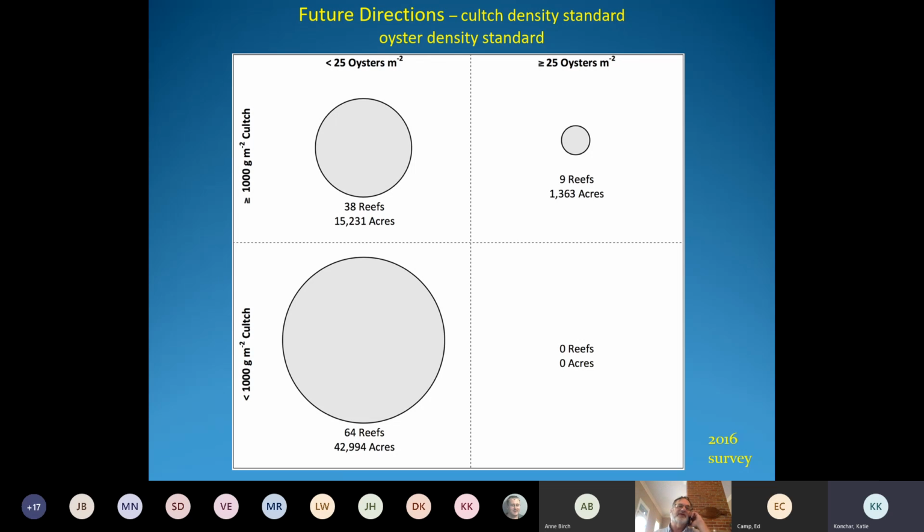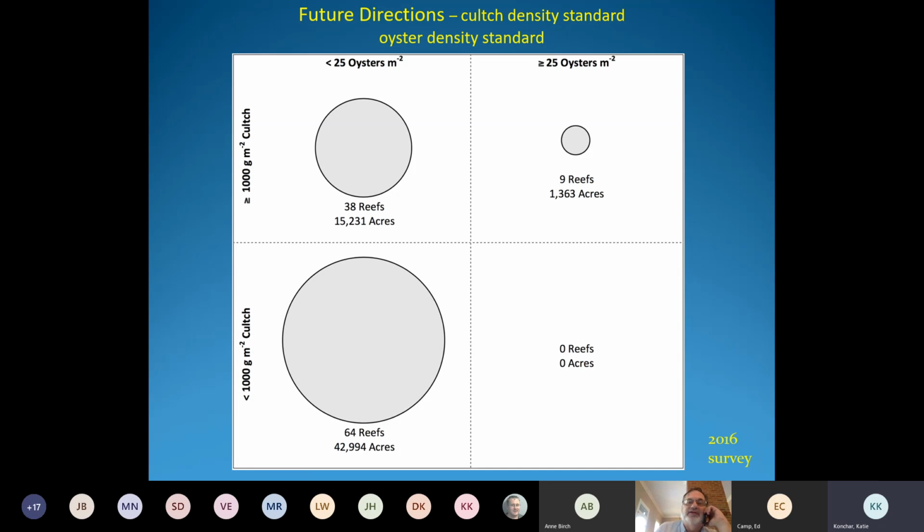So I just looked at where high harvest is coming from. And this is how it fell out. I looked at it in relationship to the number of oysters per square meter first, and the amount of culch.